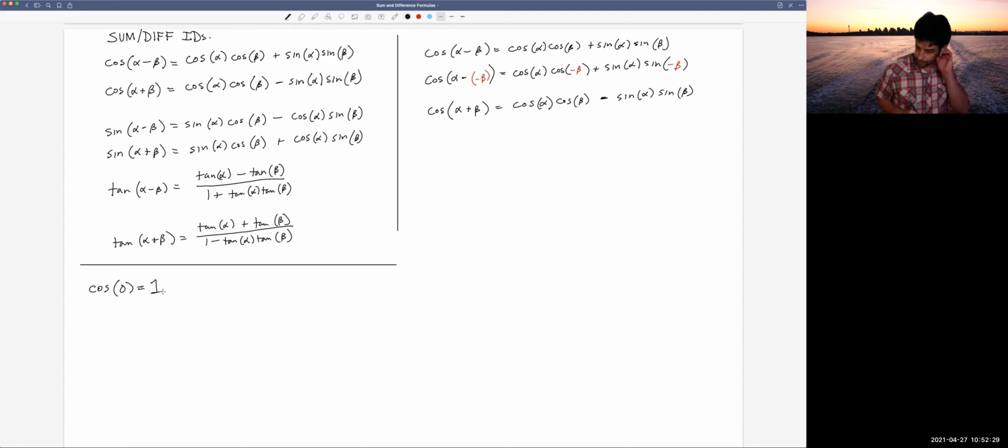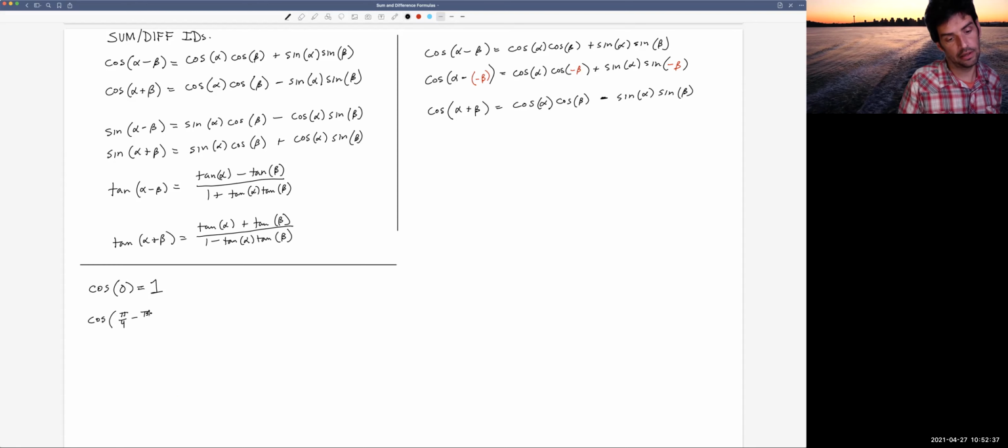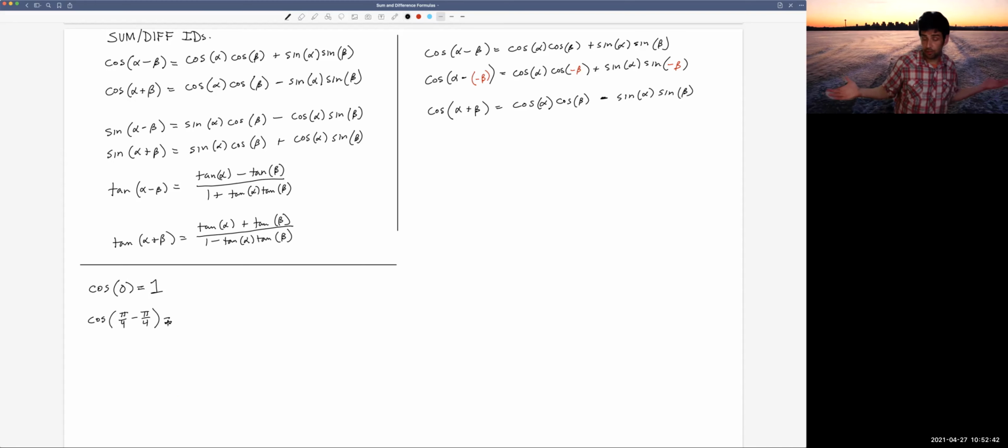I know that cosine of 0 is equal to 1. But suppose I wrote cosine in a funny way: cosine of pi over 4 minus pi over 4. That's certainly 0, and we can think of it as the difference of these two angles.